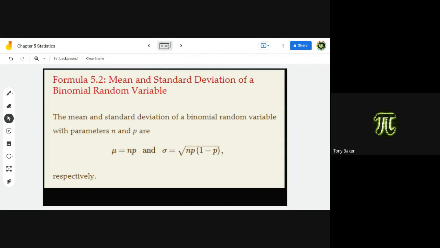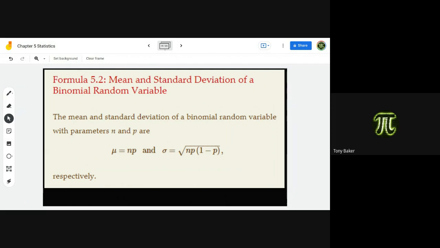Notice these formulas are actually really simple. Because again, in the problem, they're only going to give you 2 pieces of information. They're going to give you the total number that you can have, the number, and the probability that it's going to happen. That's the only 2 things they're going to give you. So that's the only 2 things they can use to calculate these 2.